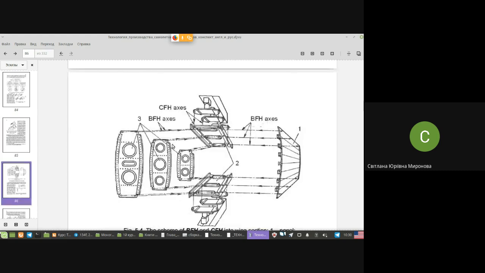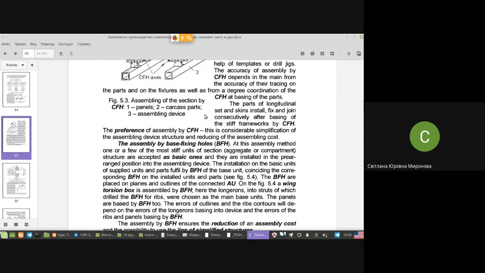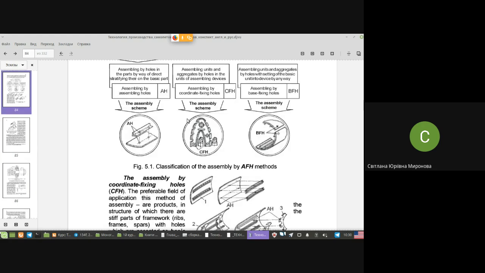And here you have an assembly unit, the whole spar, which is located by CFH holes into a jig. So here, once again, coordinate fixing hole, whether the component is a part or an assembly unit, it's a hole in tooling in a jig and a hole in the assembly component.